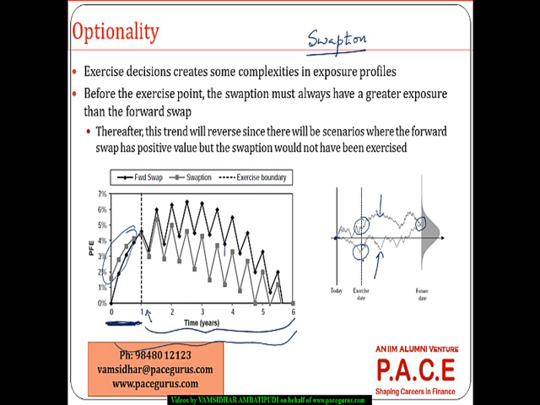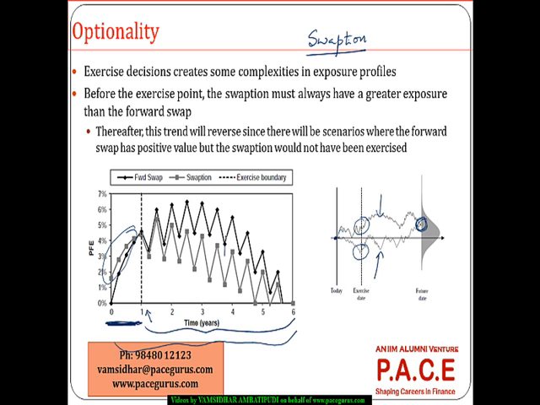So because there are some paths which are leading to the same exposure, wherein the option would not have got exercised, now this is where the value of the swaption is actually going down. The exposure on the swaption is going down compared to that of the forward.